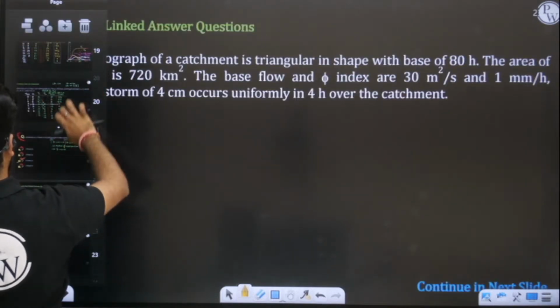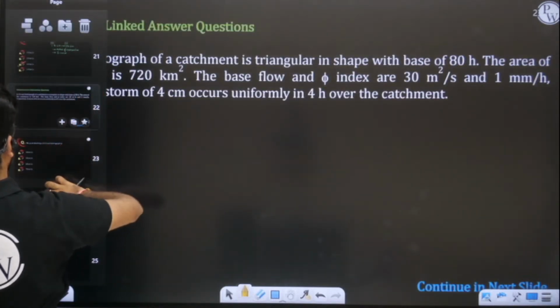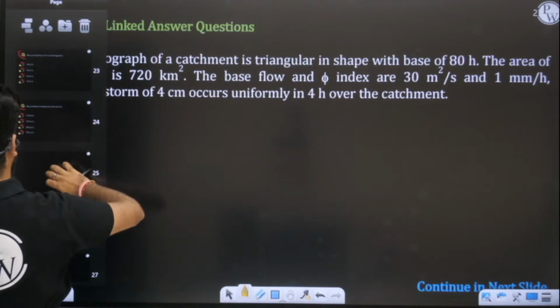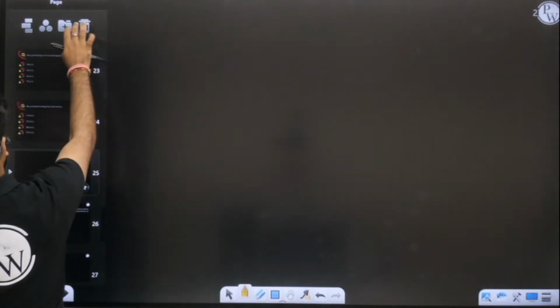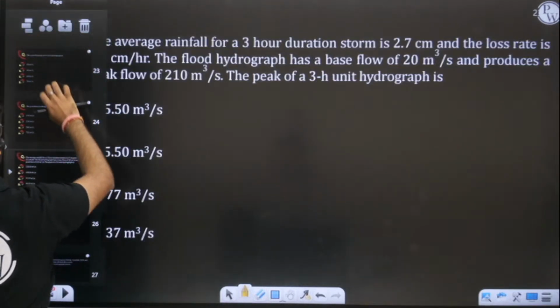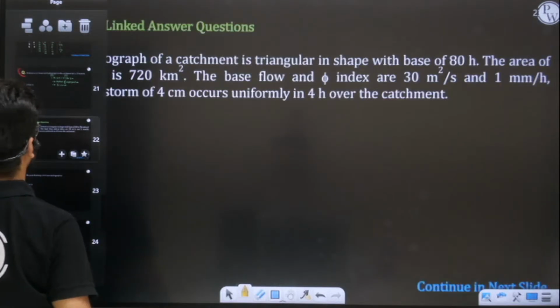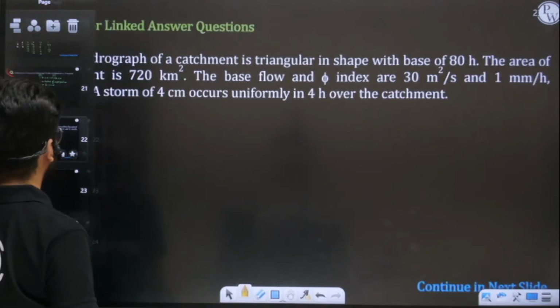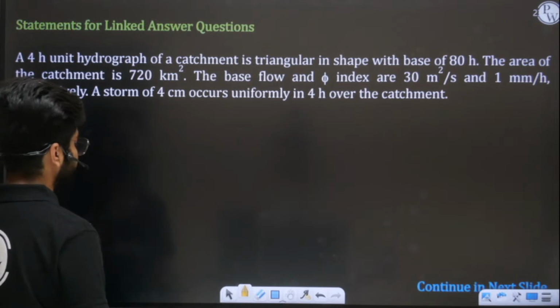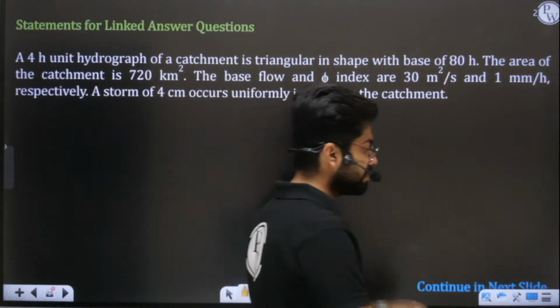I hope the S curve is very clear to you now. We can solve some more questions. So is the S curve clear to you or not? Tell me.